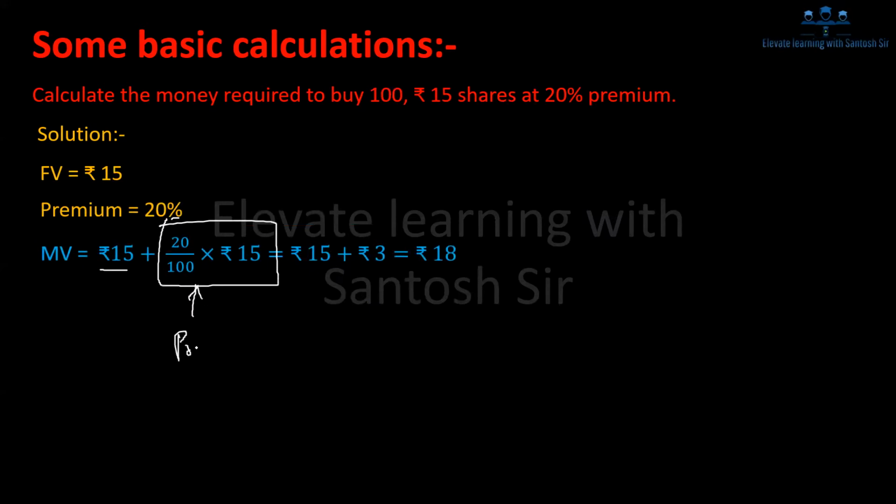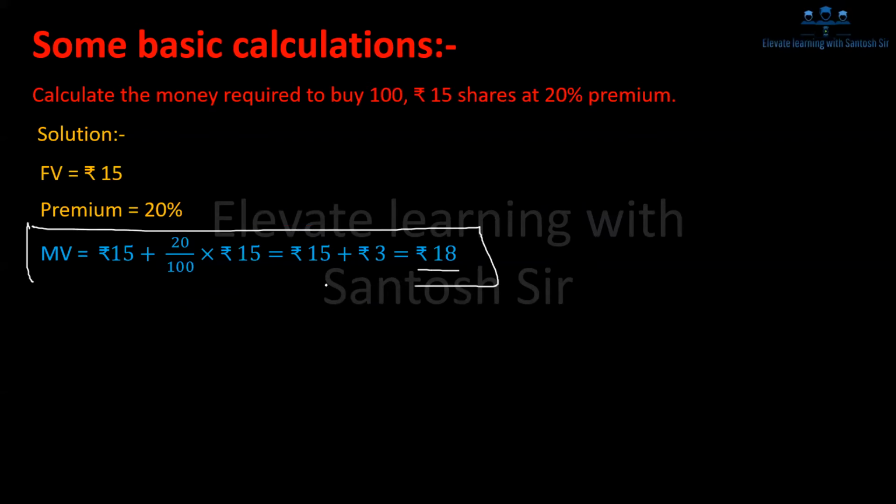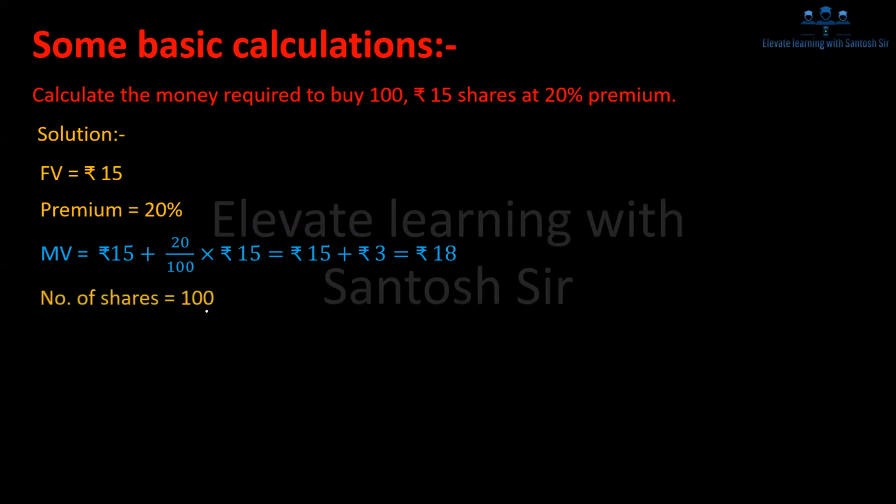This is the premium. So we get rupees 15 plus 3, that is rupees 18. We got the market value. This is one of the important calculations that we will require in the coming board exam questions. The number of shares is 100, so once again the money required will be 100 multiplied by 18, that is 1800.